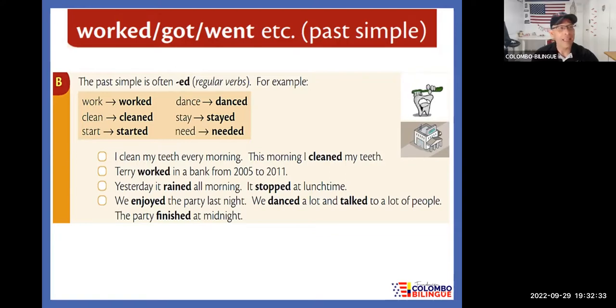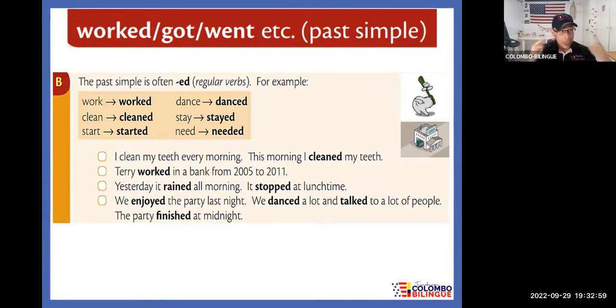Right, remember the rules of pronunciation, Helen, for regular verbs in the past. For example, number one, you say, yesterday it rained. It rained, not raining. It rained. And second is it stopped. T sound, it stopped at lunchtime. All right, very good.